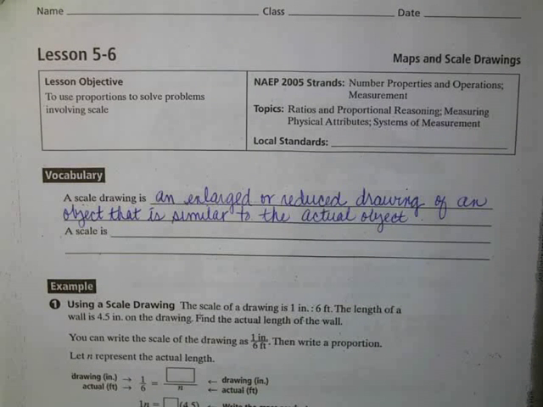So this could be a map, it could be a scale drawing of a building, so a blueprint or a floor plan. It could also be an enlargement, say like in science, you do an enlarged copy of a cell. Cells are very small, but when you want to label parts of a cell, you usually enlarge that. So all of those would be considered scale drawings.